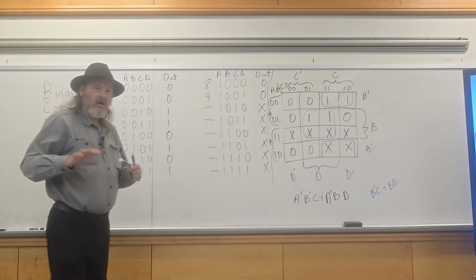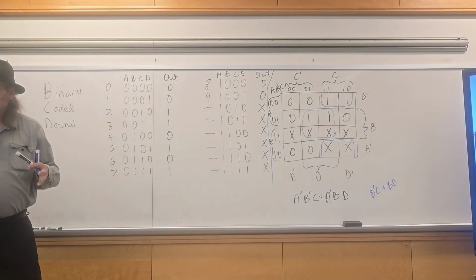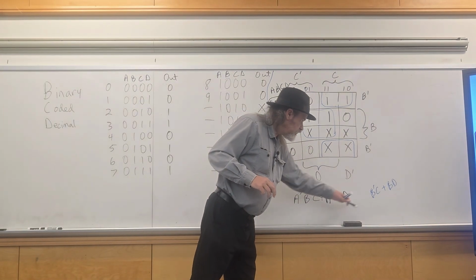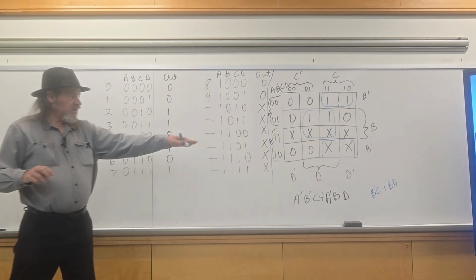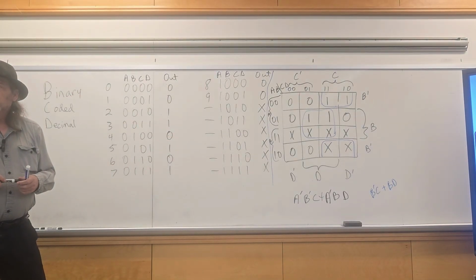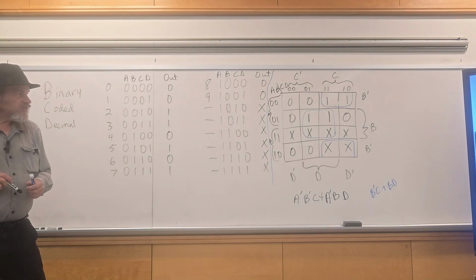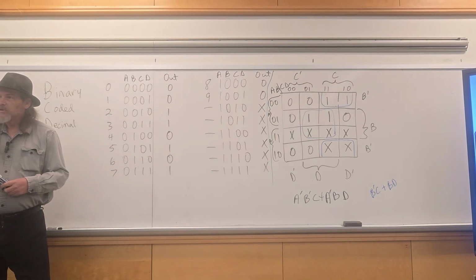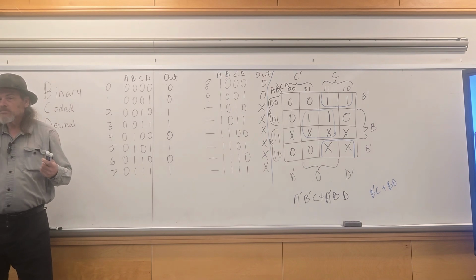Functionally, if all that's coming in are BCD signals, these two are the same. But the second one is going to be easier to implement because you're taking into account don't care situations, because the don't cares could be either ones or zeros depending on what you want them to be.